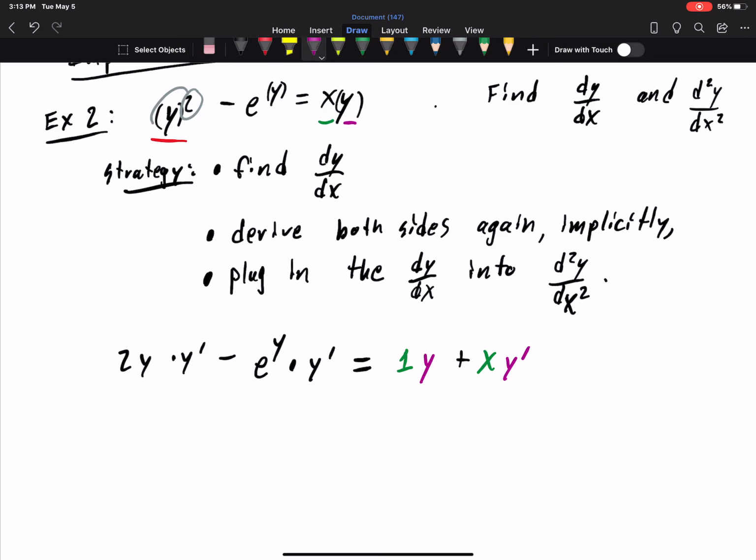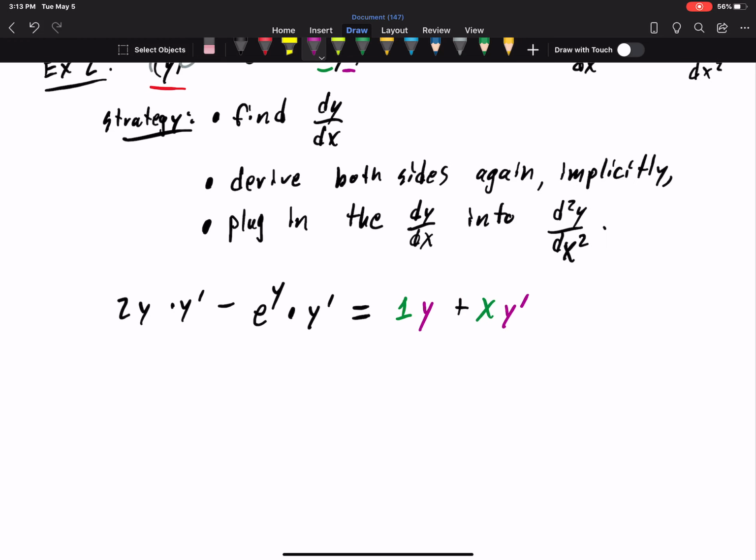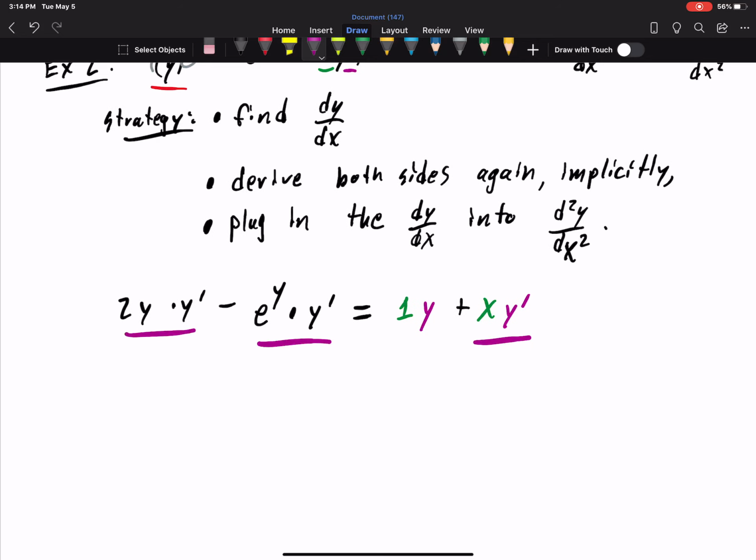Now what we need to do is get our y prime by itself. So all of the y prime stuff we're going to move to the left-hand side. All of the non-y prime stuff we're going to keep on the right-hand side. So our y prime stuff is here, here, and here. That we all want on the left-hand side. So let's subtract over this lovely thing so that these cancel, and we subtract the x y prime from both sides.